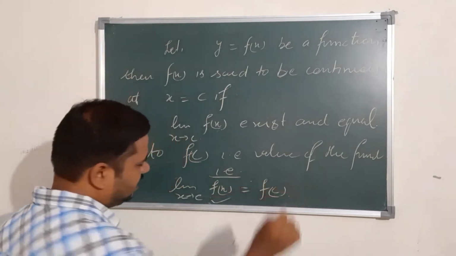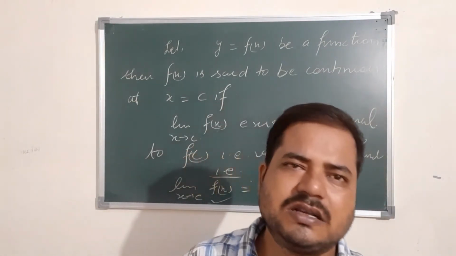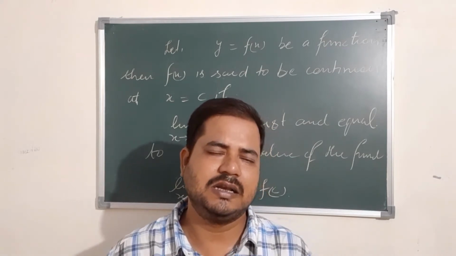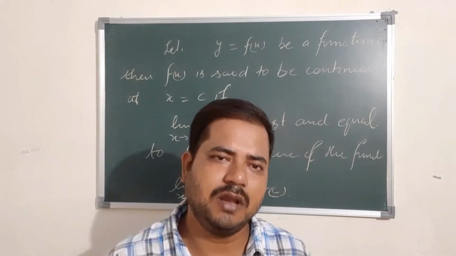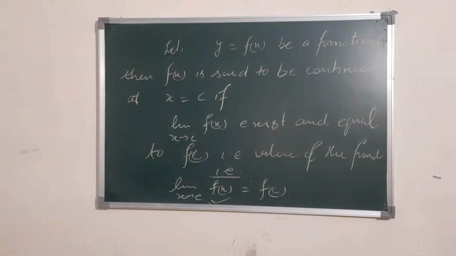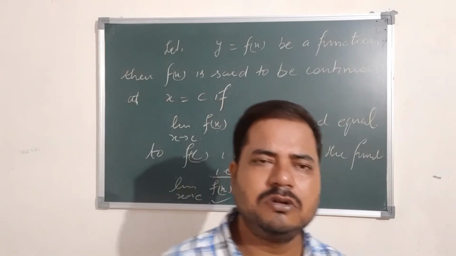This means this particular limit exists and equals the value of the function. Then we can say yes, the function is continuous at that particular point.